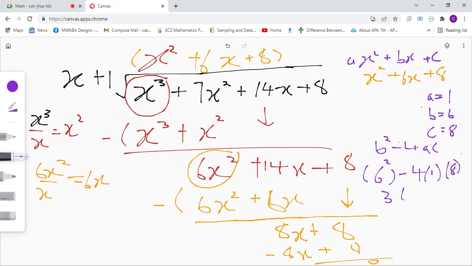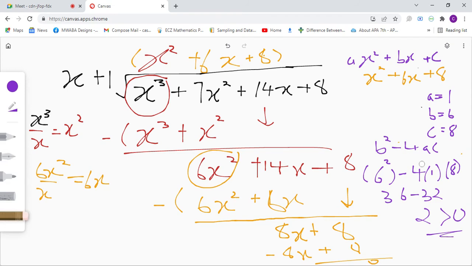So we have 36 minus 32. We get 2. We have real roots, so it's greater than 0, meaning we can simplify this quadratic expression further.